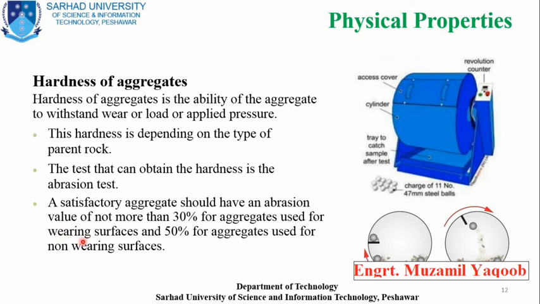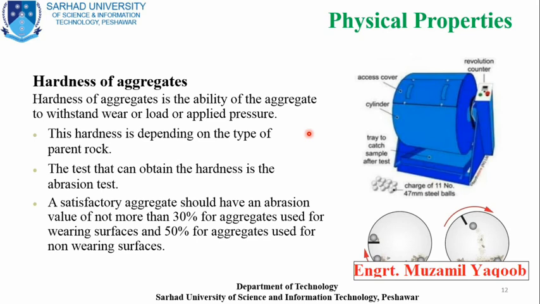So 30% for wearing course, and 50% for aggregate used in non-wearing course. This is a bit of a difference between the hardness levels, as you can imagine why. So this was all about the hardness of aggregates and the apparatus by which we perform the hardness test.